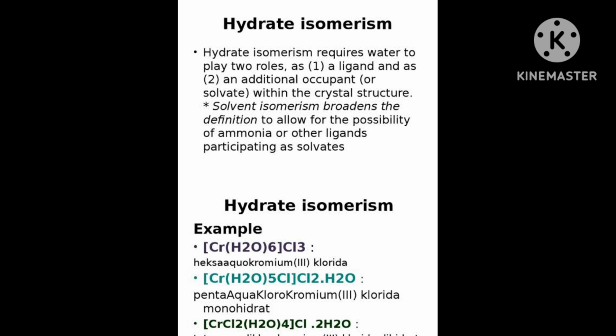As for example, [Co(NH3)6], this is actually a cation, and [Cr(CN)6], that is the anion. Then cation and anion, both are complex ions.